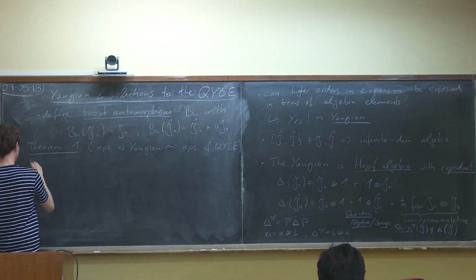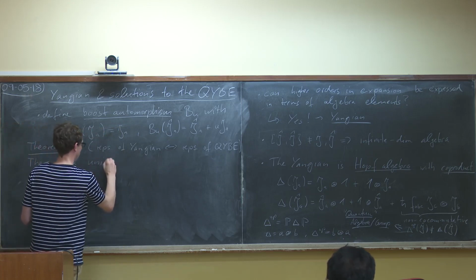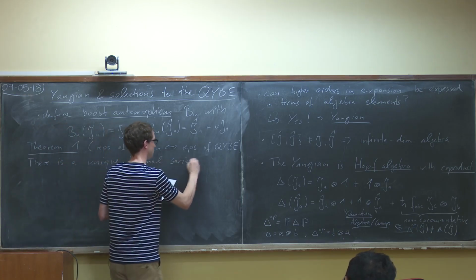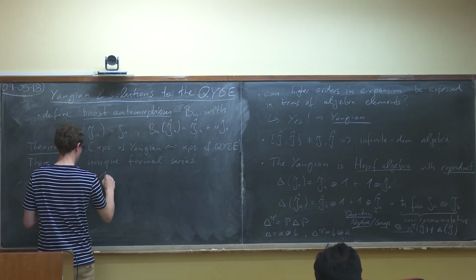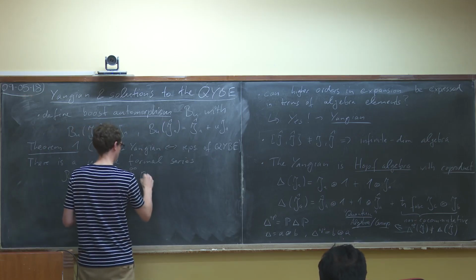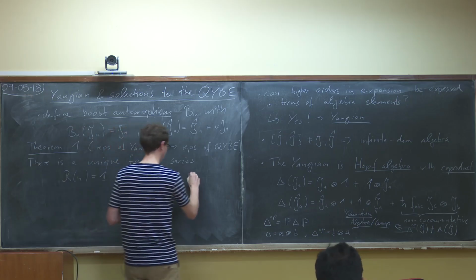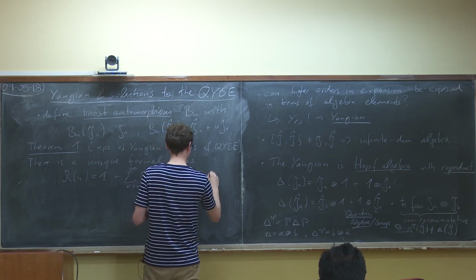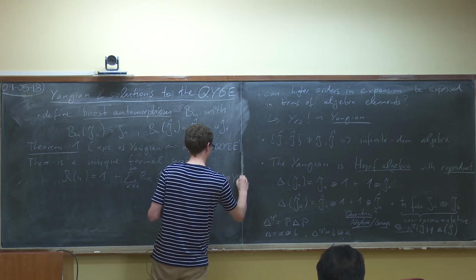The theorem states that there is a unique formal series of this form, R(u) equals identity plus the sum over k from 1 to infinity of r_k, so exactly what I told you, with all these r_k living in the product of two of these Yangians.